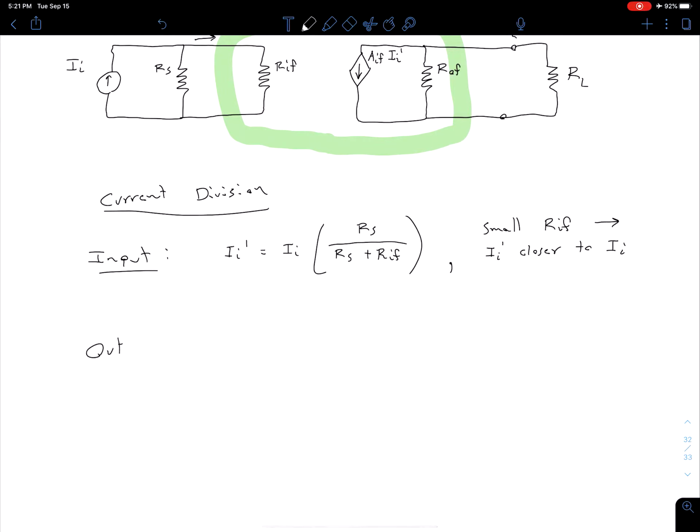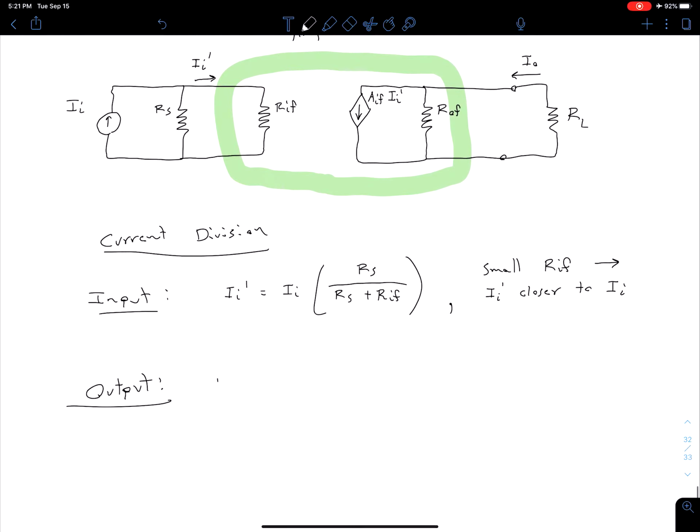Let's verify that that is also true for our output. For our output, we can say our output current in our load, I out, is equal to A sub IF times I prime. Basically that's the value coming out of that dependent source. Then we have a current divider between our RL and our R naught F. So we have the combination of the two in the denominator and the opposite resistor in the numerator. If we're looking at current in R sub L, we put R sub OF in the numerator.